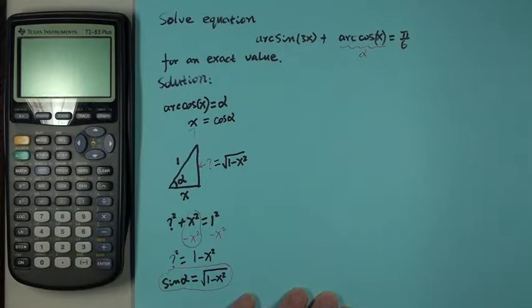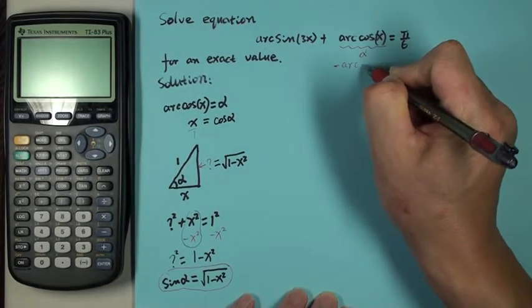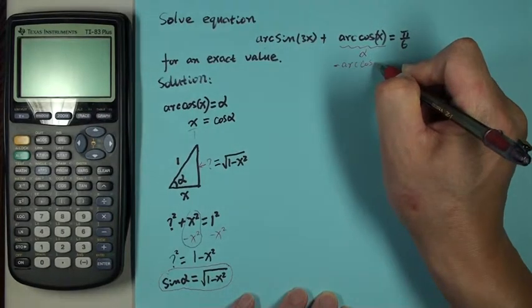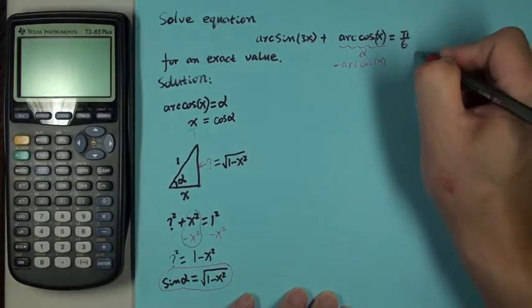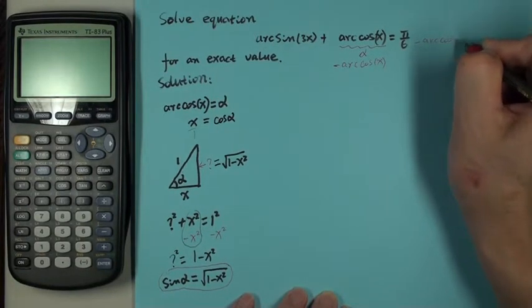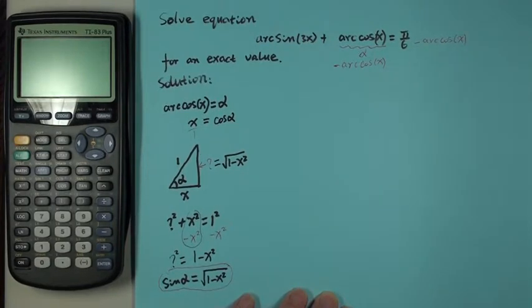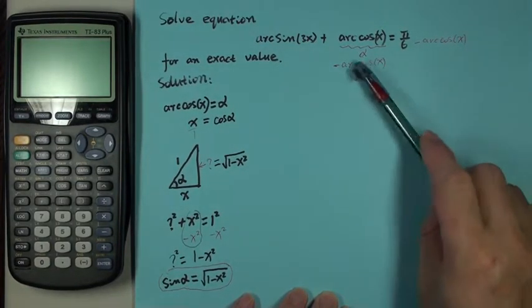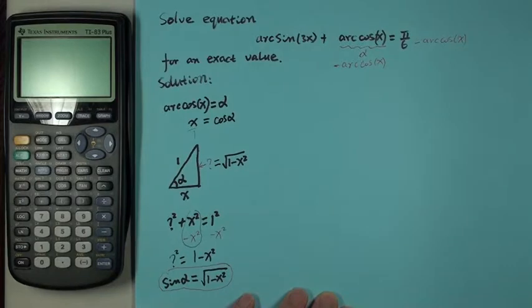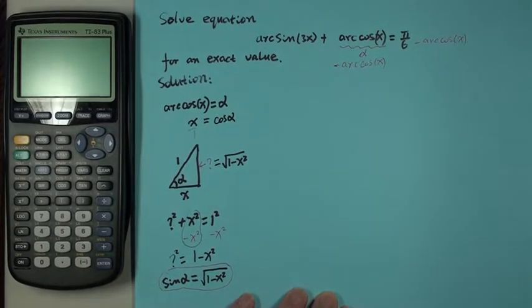First, I like to do is both sides subtract arc cosine x. You may write arc cosine x, or you may write just subtract alpha, because alpha is arc cosine x. Alright. So then what do we have?